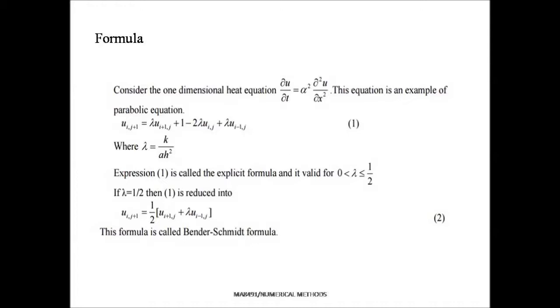This expression is valid and is called the explicit formula if lambda lies between 0 and 1/2. Now if lambda is exactly 1/2, you use your first case, that is, the formula using only two points. These two formulas are called the Bender-Schmidt formula. Now let's see a problem based on this formula.